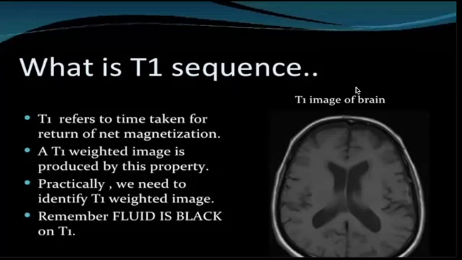So in a T1 sequence, you're not putting on the beam for a long time, so it takes the protons a short time to get back to their normal alignment. So it gives us this image or the sequence, which we call the T1, okay?